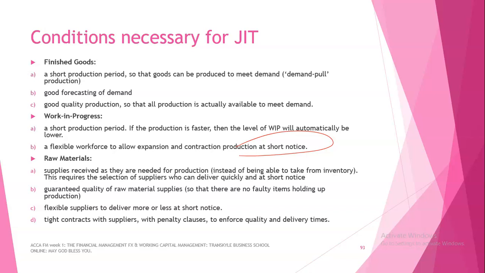The suppliers should also be flexible to meet our demand, to meet our requests for materials when we need them. All right. So the nature of contracts are as well sophisticated or tight contracts with pin-out clauses to enforce quality and delivery times. This is a no-joke context.